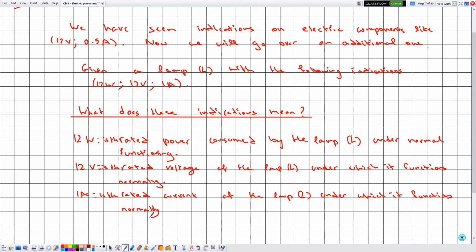So 12 watts is the rated power and 12 volts is the rated voltage of the lamp L, and 1 ampere is the rated current of the lamp L under which it functions normally.